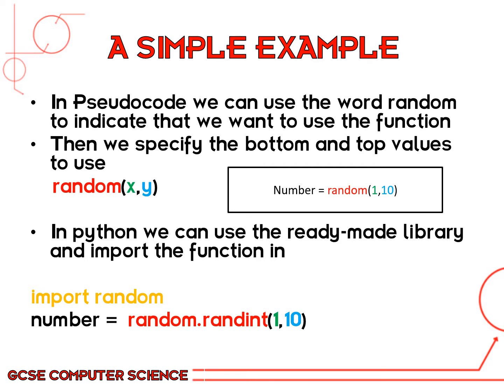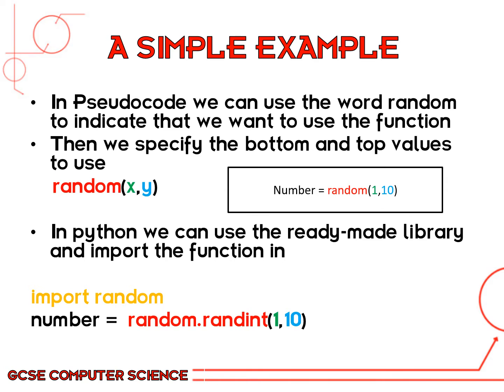So let's look at some really simple examples here. Using pseudocode, we can use the word random, and that is acceptable on the examination that you're going to do. You can use the word random, and then you specify the bottom and top values that you want to use for that random number.